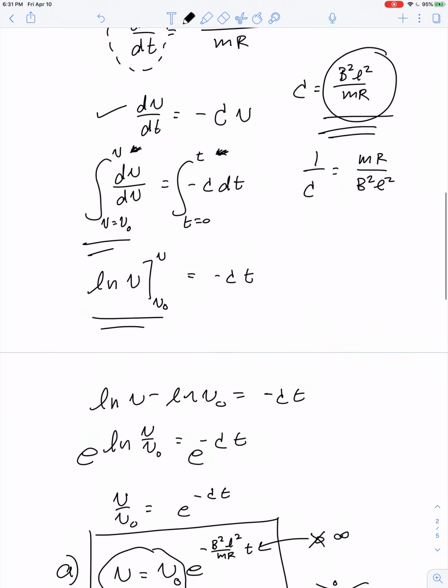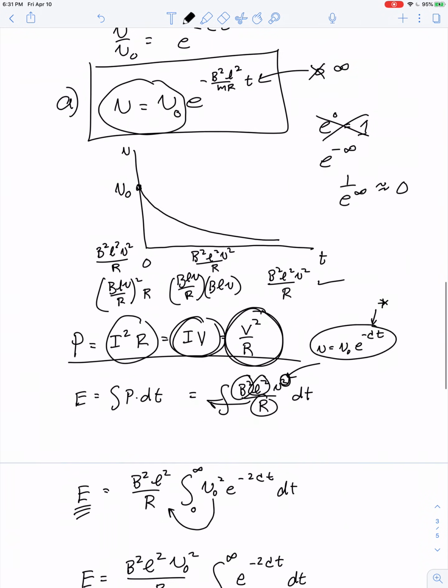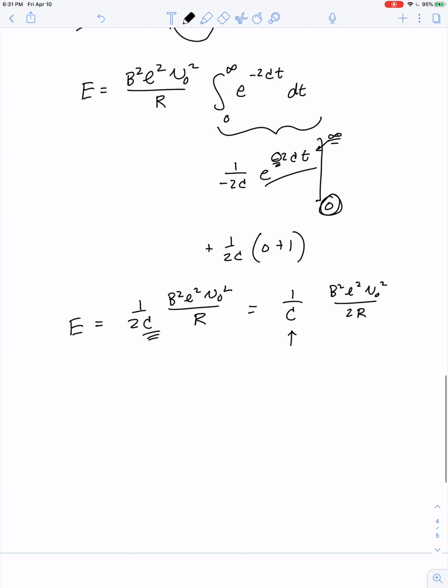Ooh, I think something interesting is going to happen. MR over B squared L squared multiplied by B squared L squared V naught squared over 2R.